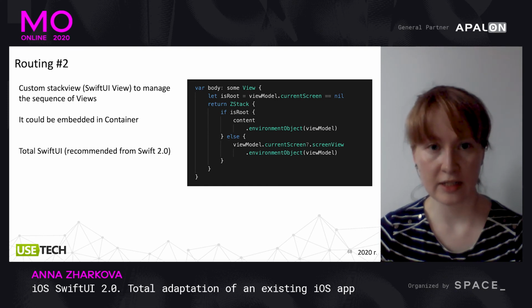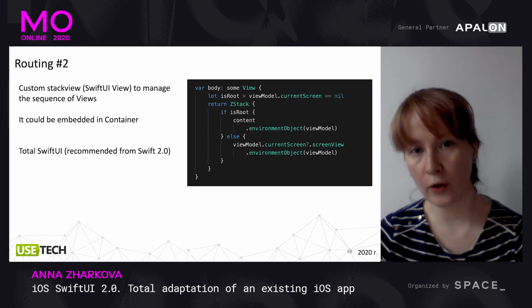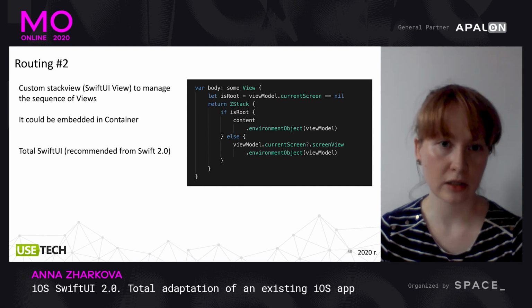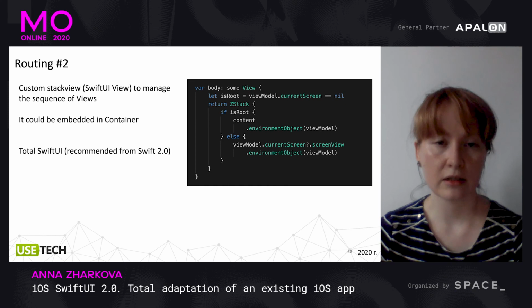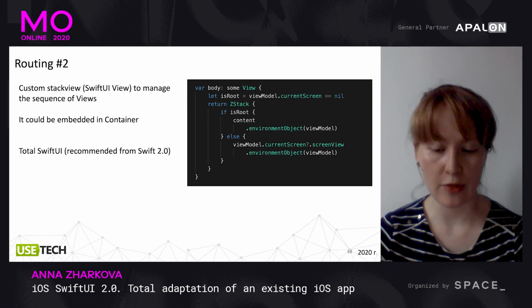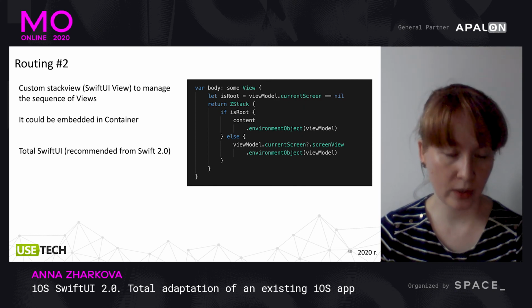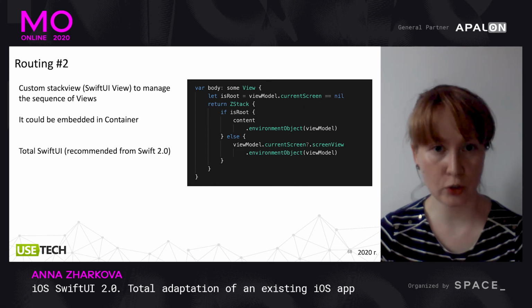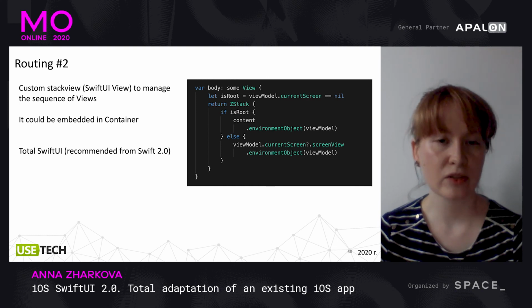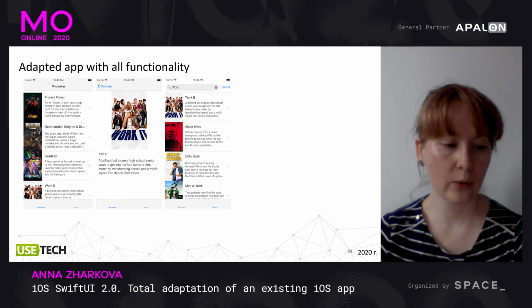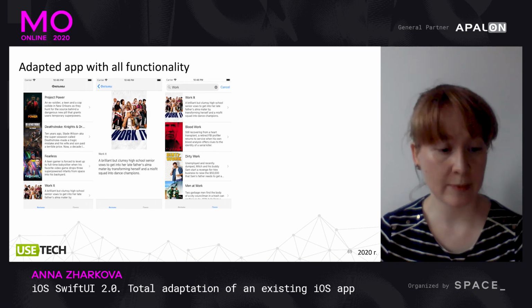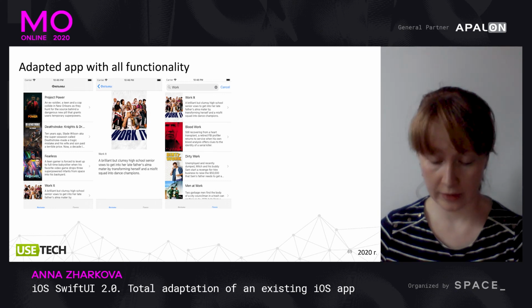If it is the start of our navigation, we will show only the top view in the body. Otherwise, we should show the view from the top of the stack. This is the recommended solution because it's only SwiftUI code. So now we will have a totally adapted application.